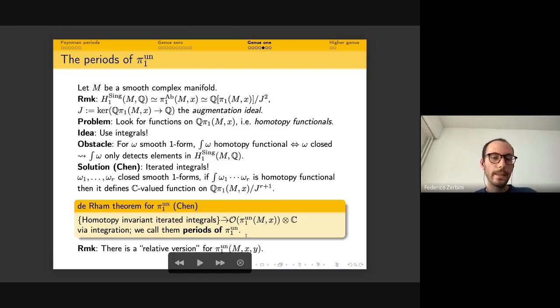And this is isomorphic to the ring of functions, your homotopy functionals, the ring of functions on the completion of the fundamental group after you tensor with C. So this is some kind of analog of the de Rham theorem, because as I said, pi 1 generalizes H1. And for this reason, people call them periods of pi 1, unipotent.